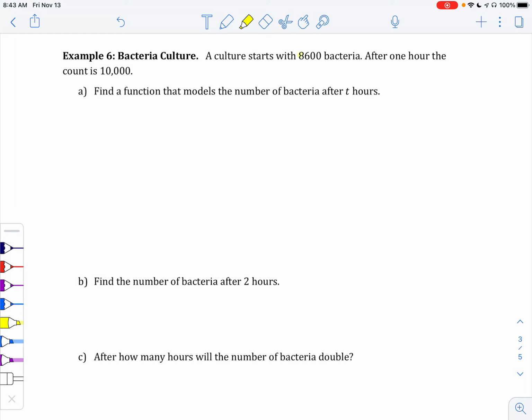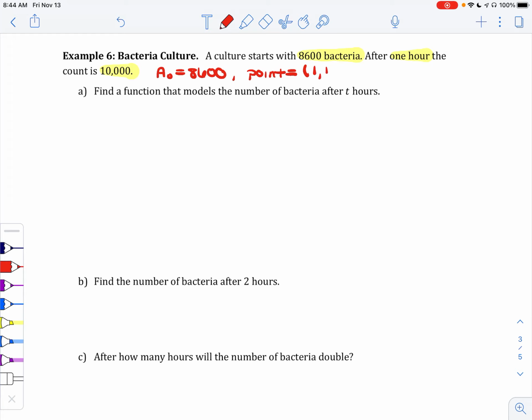So a culture starts with 8,600 bacteria, and then we know that after 1 hour, we're up to 10,000. So the starting bacteria, that is our initial amount, that's our A naught. But then the second piece of information, that after 1 hour, the count is up to 10,000, this is basically just giving us a point.